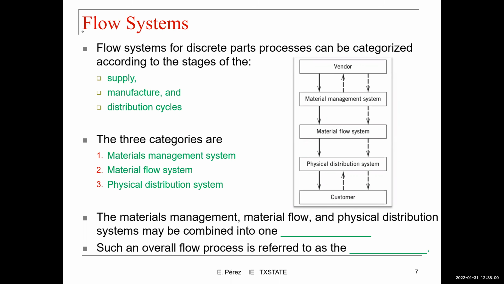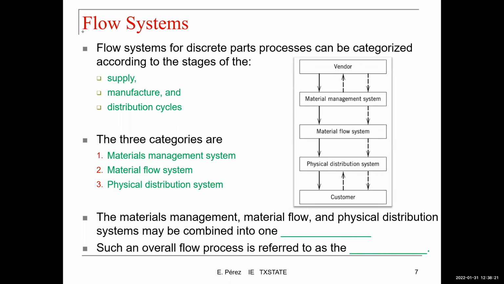So here in this first figure, you see the relationship about these 3 categories. So at the top, you have the vendor, and at the bottom, you have the customer. The vendor can be your supplier, someone that is supplying some type of material or a part that you're going to need to develop your product.